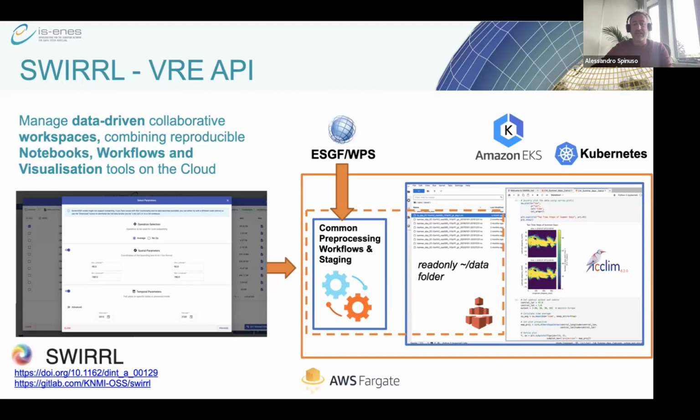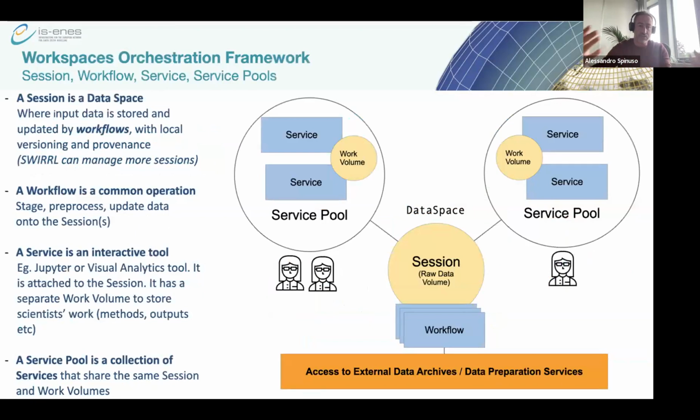And it is basically an independent component that runs on a Kubernetes cluster. It runs happily, in this case for Climate for Impact, on Amazon as well, but we have also other types of implementation.